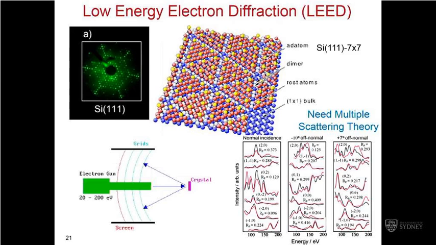But as I said, with the codes nowadays, there's been a lot of development. What you do is you guess a structure in your code. You put the atoms where you want, you run the code, and you can simulate these curves. Then you align them with the experimental ones, and when you have the right structure, you will get very close agreement, which is the case here. It's pretty good.